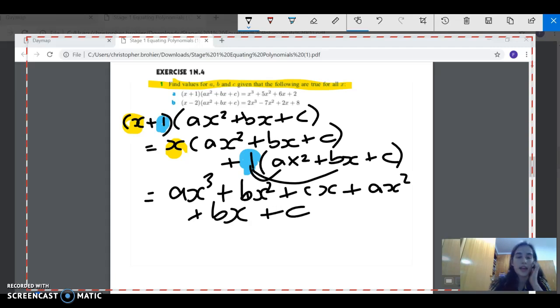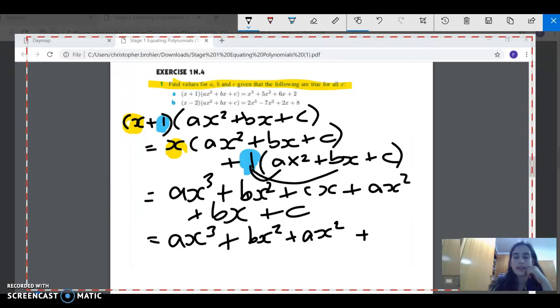Alright, now we can collect like terms. So we're going to put all the ax cubed terms, the x cubed terms together. Well, there's only one. Then let's put all the x squared, so that's bx squared plus ax squared. Then we're doing all the x terms, cx plus bx. And we're going to go plus c.